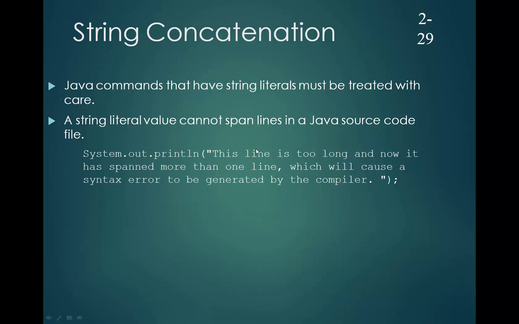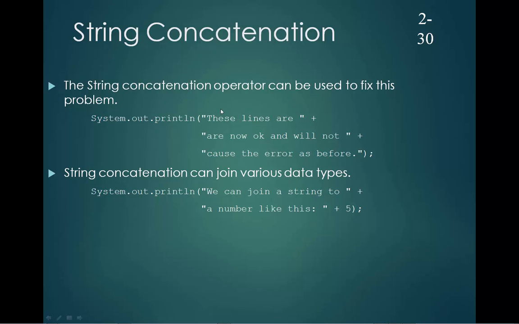And we use string concatenation because you can't have strings span more than a line like this. It will cause some problems. So what we do is we concatenate longer strings like this. This allows a string to go over multiple lines, but what we do is break the string up into smaller string literals, and then we tell the computer to merge them together before output.